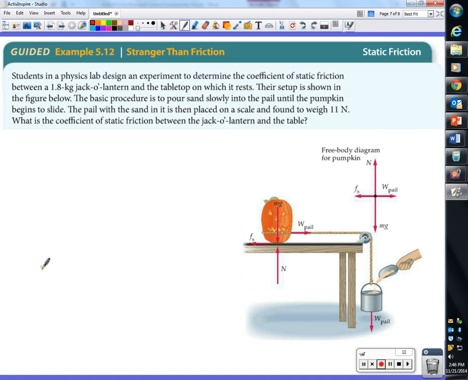The basic procedure is to pour sand slowly into the pail until the pumpkin begins to slide. Apparently they don't have force sensors in their room. The pail with the sand is then placed on a scale and it is found to weigh 11 newtons. What is the coefficient of static friction between the jack-o'-lantern and the table?